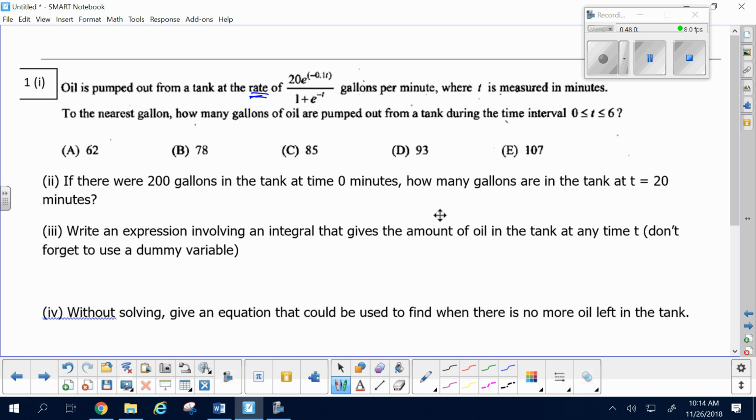They just say how much is pumped out during the time interval. So this is not an initial condition plus change. I just want to know change, yeah? So how am I going to do it? Take the integral from 0 to 6 of that guy. That's, by the way, negative 0.1 t. You may use a calculator.